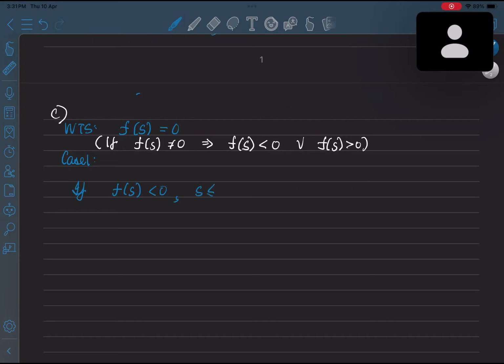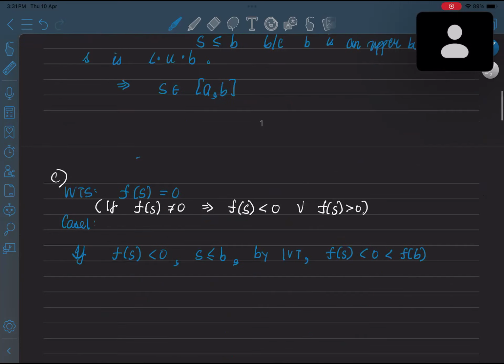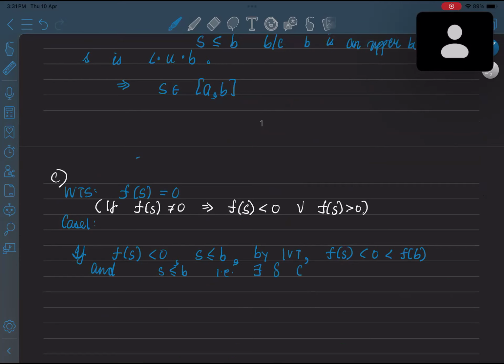and we know S is less than or equal to B, so by the IVT, we have f of S is less than 0 is less than f of B, because we know from here f of B is positive. And obviously S is less than or equal to B. Therefore, there exists something, let's call it delta, in the interval of S to B such that f of delta should be 0.